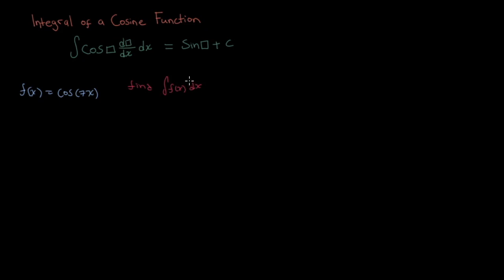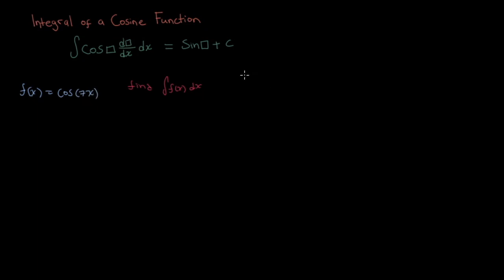So how would we do that? Well, this box here is a placeholder that we use to make our integration easier. It allows us to manipulate our integrand so that we can convert it directly to this. This placeholder just represents whatever is in the cosine bracket. In this case, it's 7x.